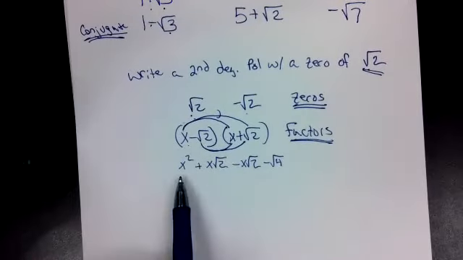Now, the good news about multiplying conjugates is these middle terms cancel out pretty much every time. In fact, I do think it is every time whenever you multiply conjugates together. Because everything's the same except for the signs, you should get the positive of something and the negative of the exact same thing.